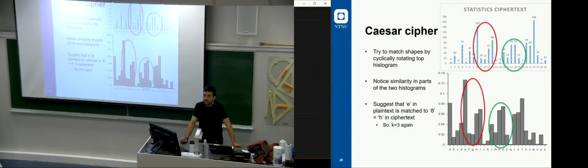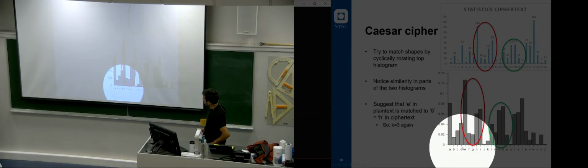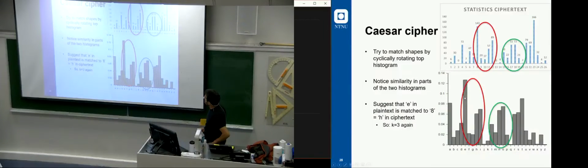Well, some faces are very surprised. You got it? It tells us that E in the plain text matched to the 8, which is actually this E here in the cipher text.